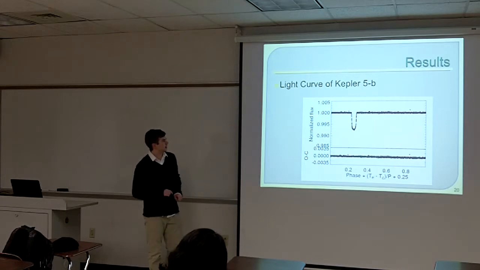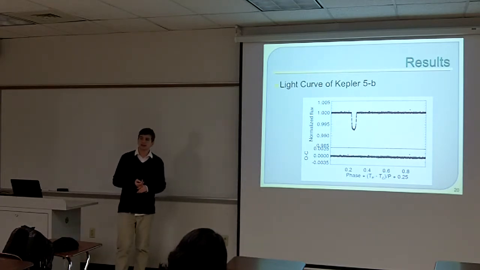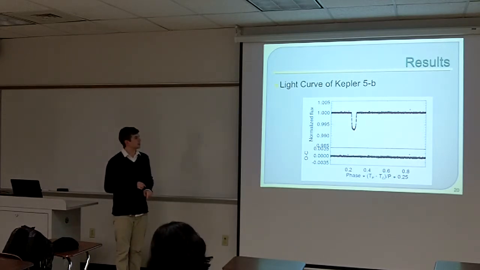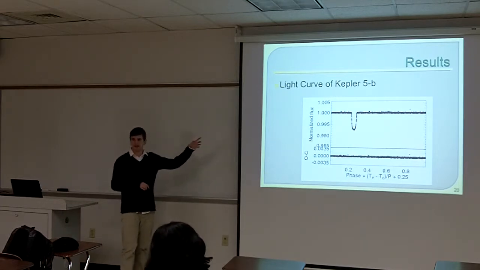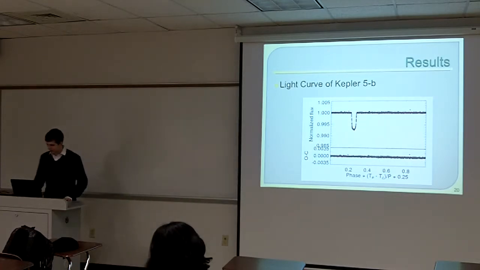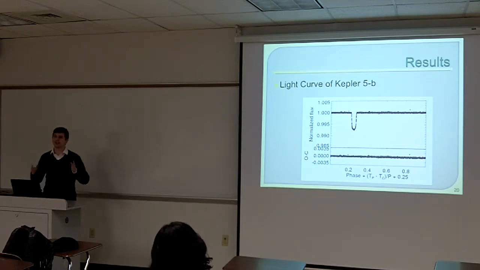So from here, we can get a lot of things right off the bat. We can determine the period of the planet's orbit using the length of the light curve. And we also know the radius, which is proportional to the dip of the curve, which is why we want to reduce the data to relative flux, so that we can look at just what change in the brightness of the star this planet transit produces.